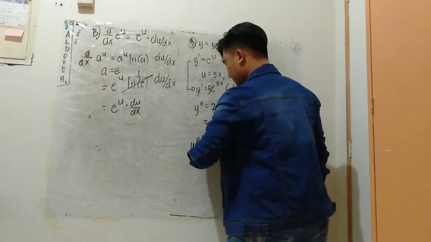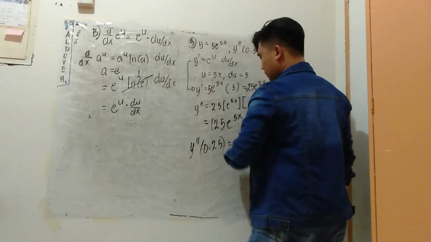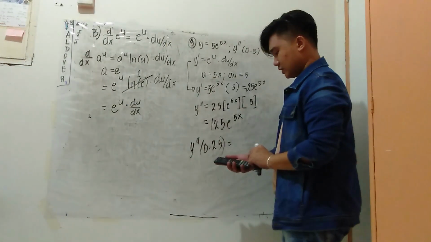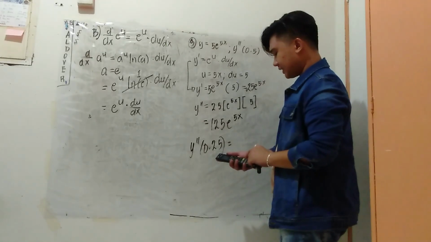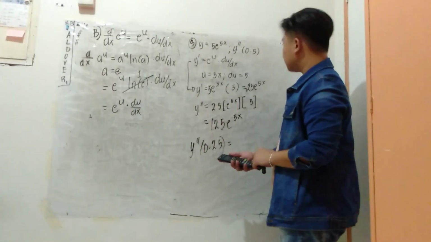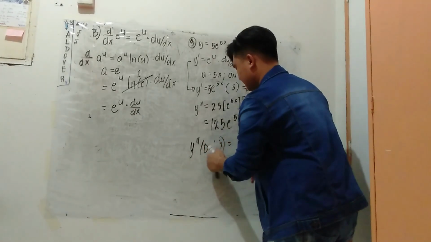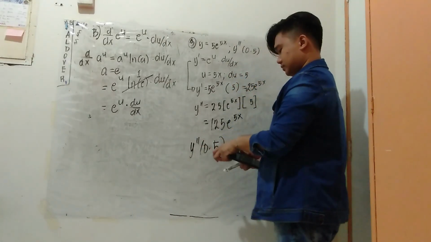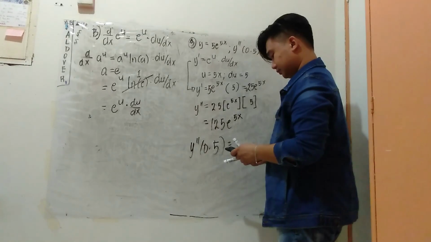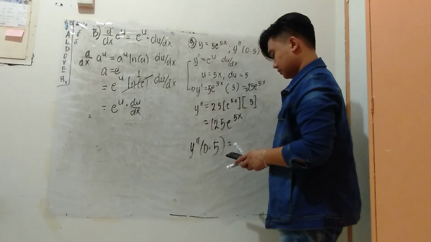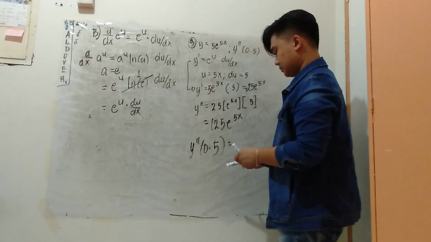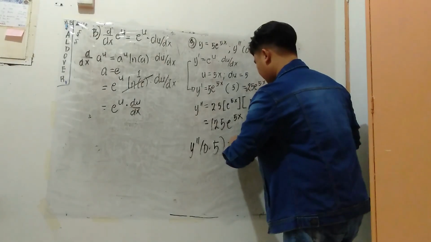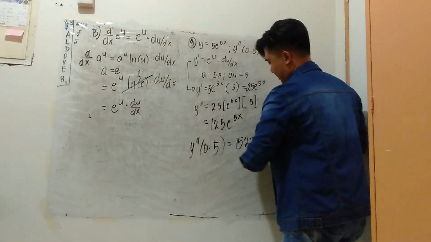Y double prime of 0.25 is equals to, papalitan mo lang yung x ng 0.25, i-calculate lang natin, 125 e raised to 5x, ay sorry, 0.5 pala, so, that is equal to 1,522.81.